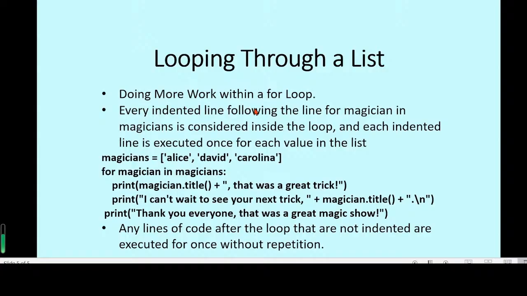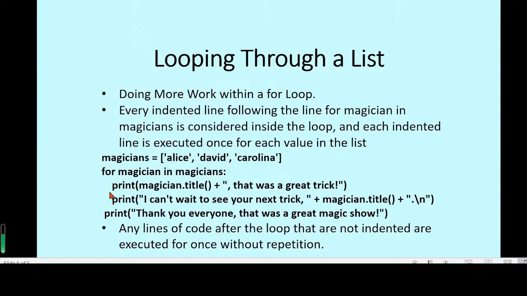Doing more work within a for loop. Every indented line following the line for magician in magicians is considered inside the loop, and each indented line is executed once for every value in the list. For example, this is a magician list. We can write a for loop, for magician in magicians. Then these two indented lines are considered inside the for loop.